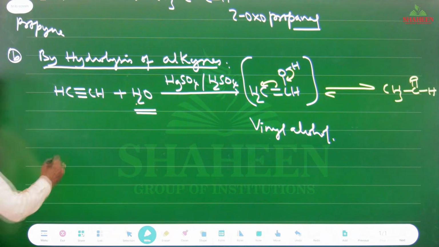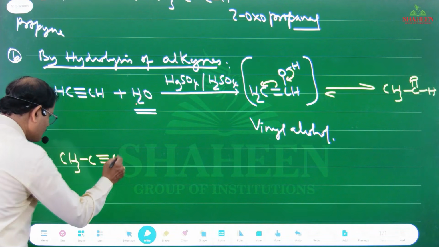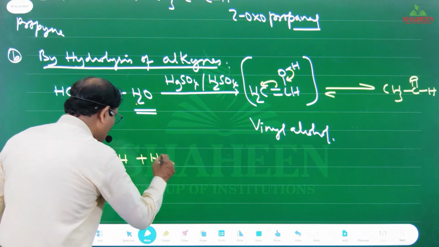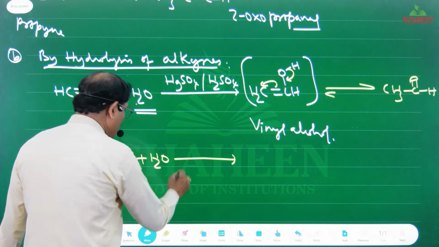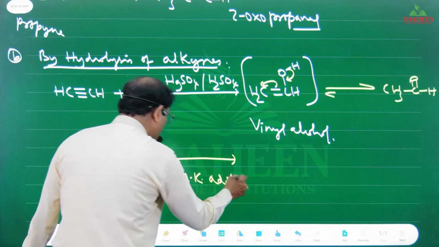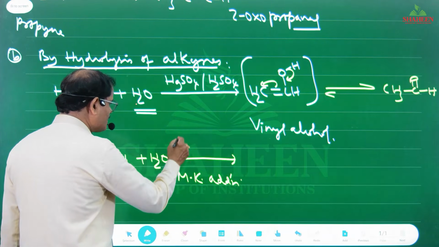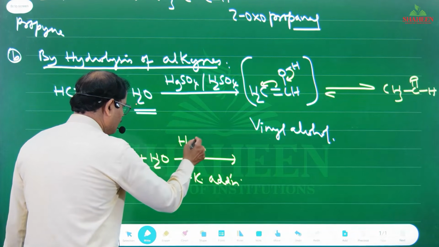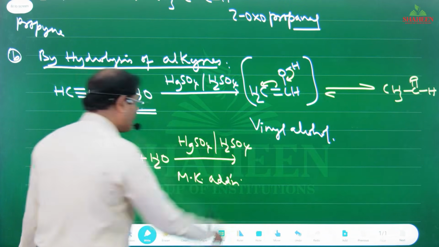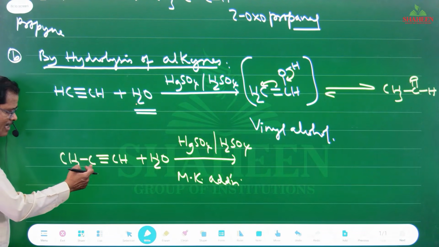Similarly, if an unsymmetrical alkyne is used, addition of water follows the Markovnikov rule. Markovnikov addition means the negative part of the addendum is bonded with the carbon atom with fewer hydrogen atoms.